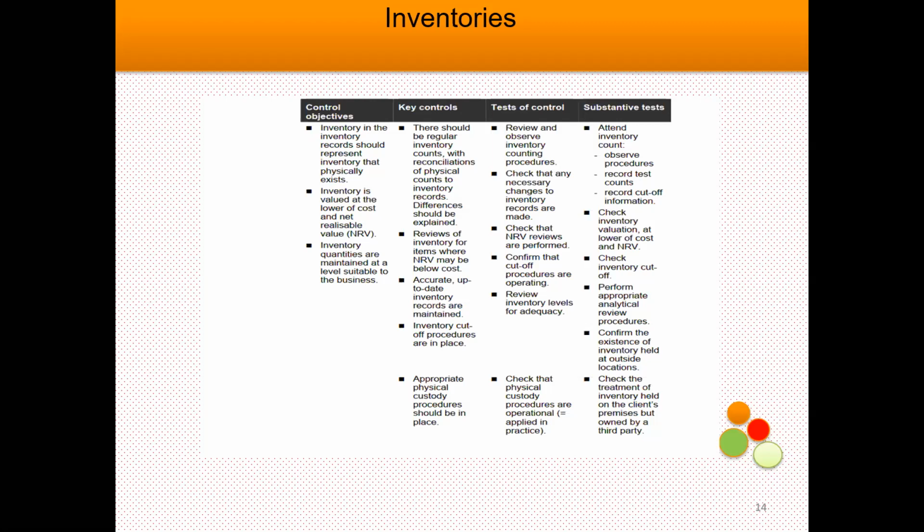Inventory count is something that is very, very common in organizations. So that's one of the things that should come to you. You also need to review inventory records, and also what we call cut-off procedures.